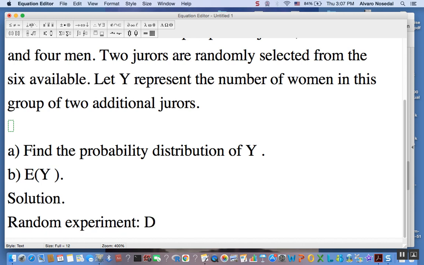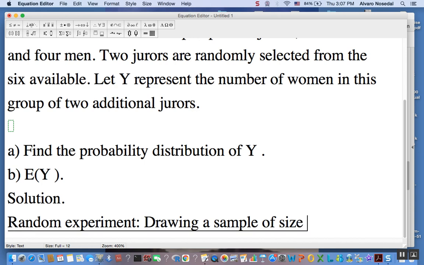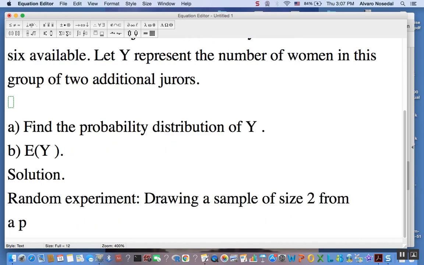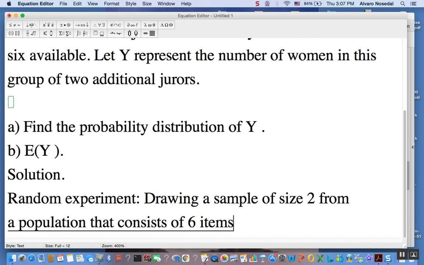So what we're going to be doing is drawing a sample of size 2 from a population that consists of 6 items.